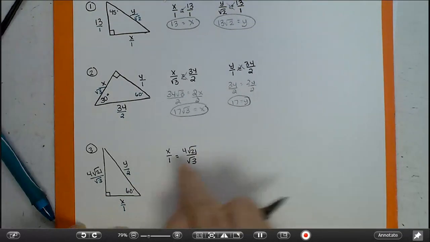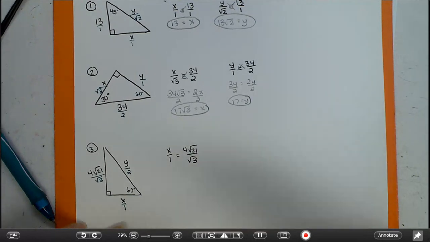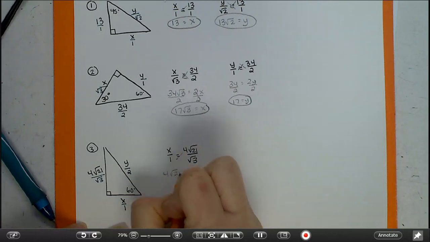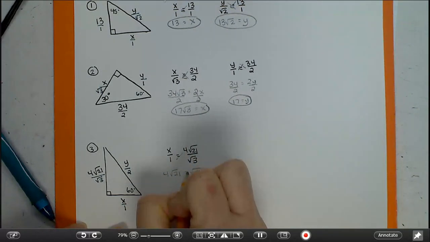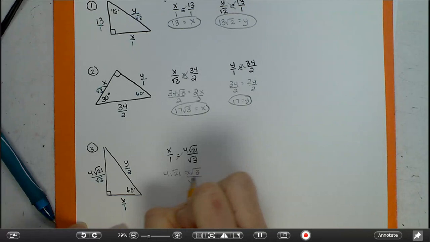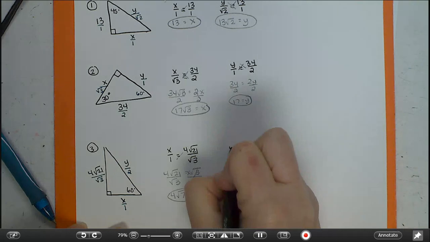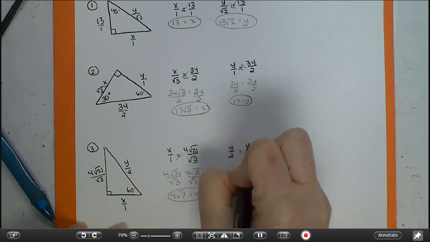Since x is over 1, you could just simplify that, but I'm, again, going to be redundant and show the whole process. And divide by the square root of 3. So 4 root 7 equals x. For y, we have y over 2 equals 4 root 21 over the square root of 3.